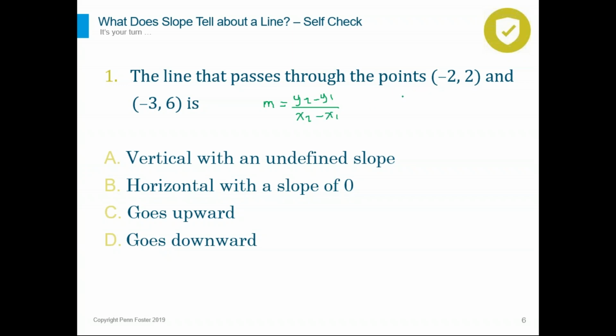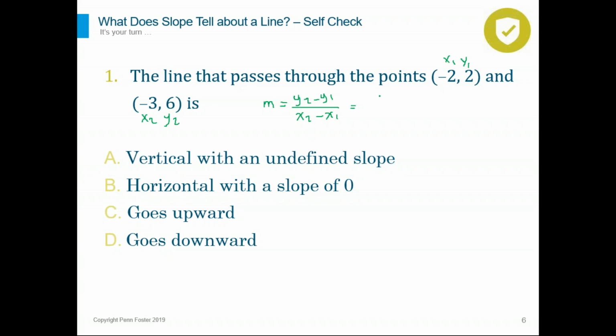Let's label the points so we do not get confused. You can consider the first one that appears as point 1 and then the second is point 2, or the other way around. I just go by the order, x1 and y1, x2 and y2. Basically just plug in the values then.